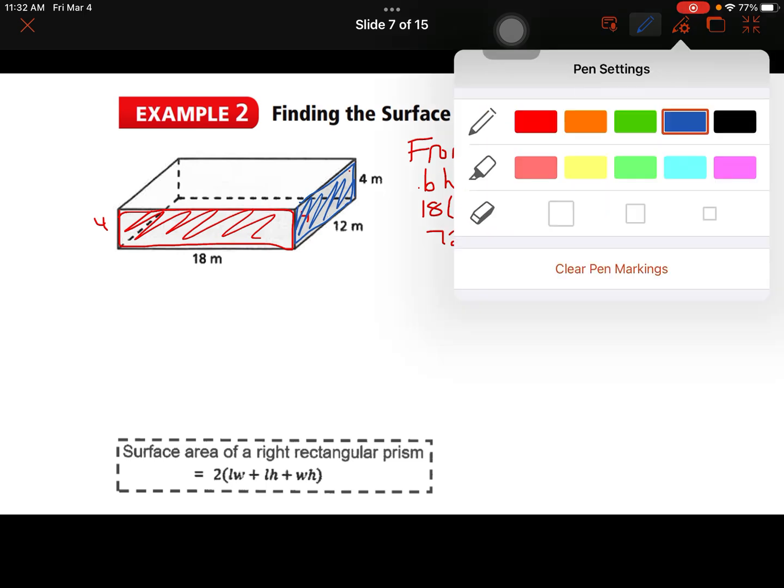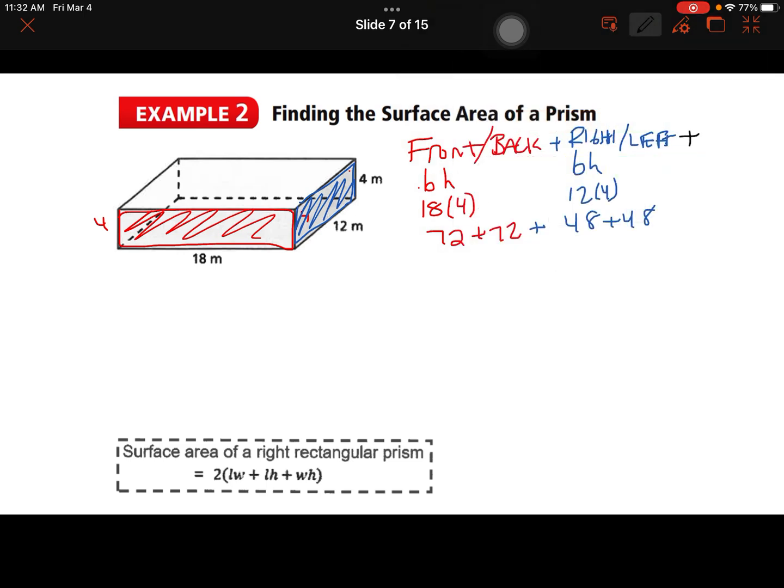All right, now I'm going to do the last part that I haven't done yet, which in this case I'm going to look at as the top, and that's going to be the same as the bottom. So the top would be base times height, so it's going to be 18 by 12, and 18 times 12 is 216.